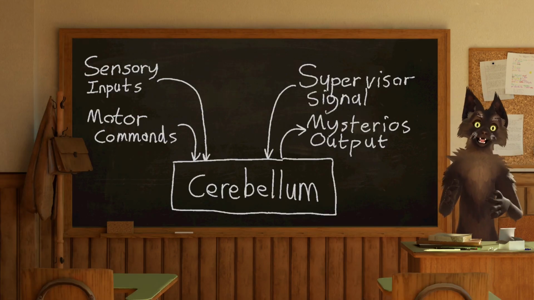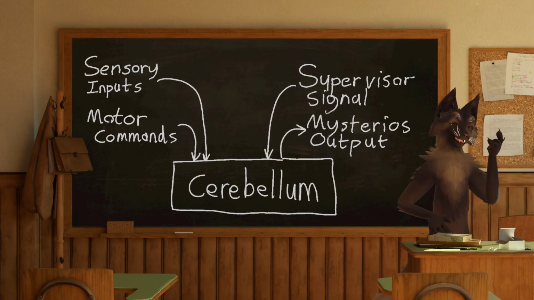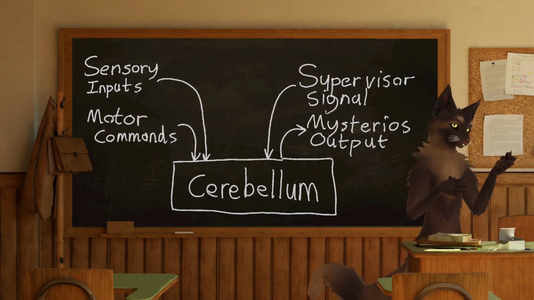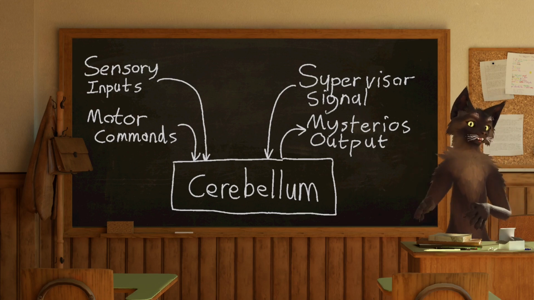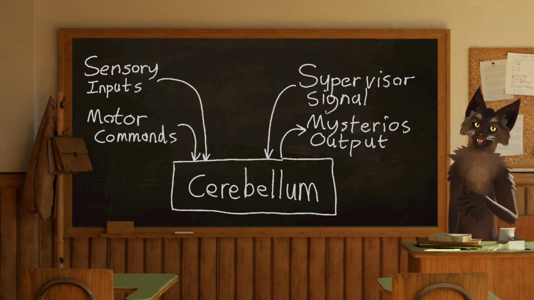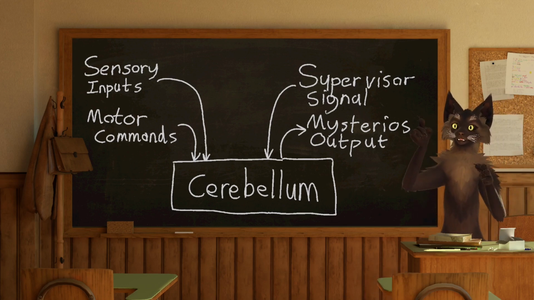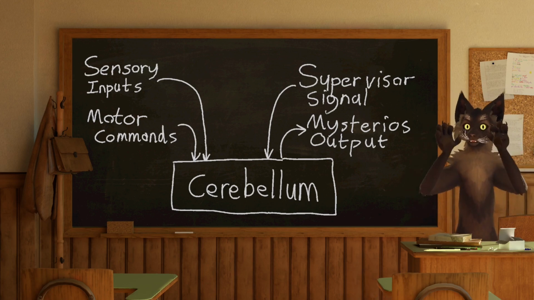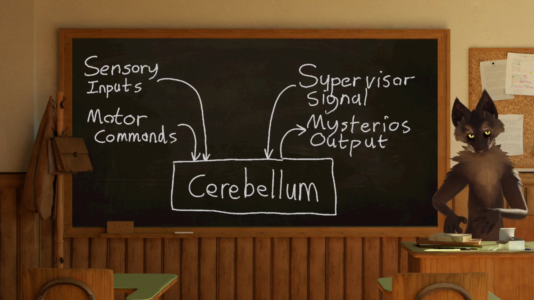Okay, now let's talk about the cerebellum. In the 1970s, 3 scientists named David Marr, Masao Ito, and James Albus each independently discovered that the cerebellum uses supervised learning to implement an associative memory. Now let's unpack what those words mean.